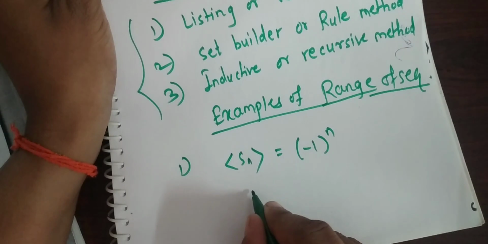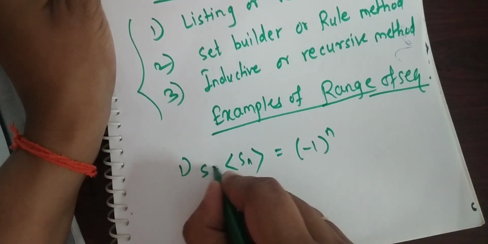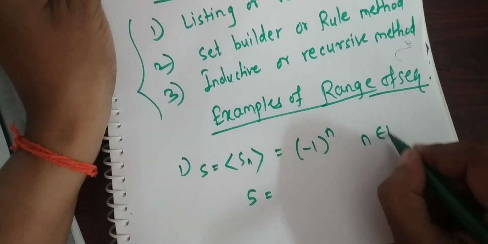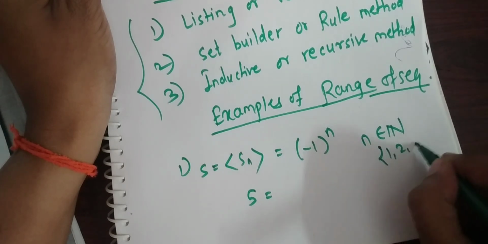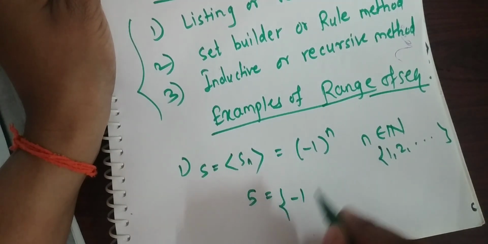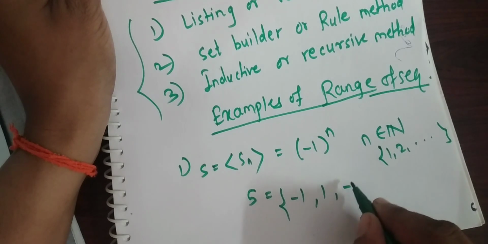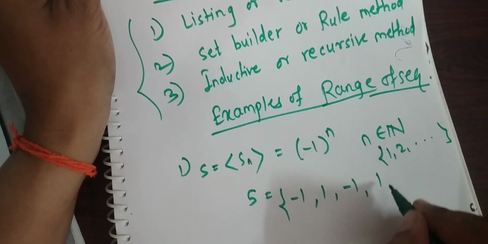Here n always belongs to the set of natural numbers, and n varies from 1 to infinity. Put n equal to 1, you will get -1. Put n equal to 2, you will get 1. Put n equal to 3, you will get -1. Put n equal to 4, you will get 1. Like this.